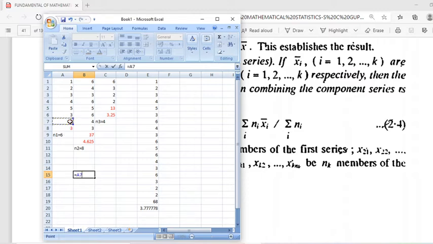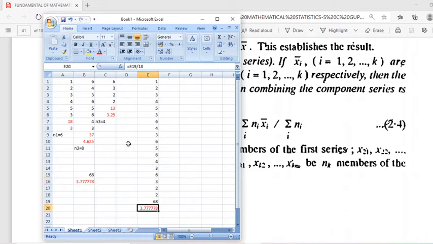You can put this value 18 plus 4.625 into 8, plus the remaining term, then divide by the total number, 6 plus 8, that is 14, 14 plus 4, 18. Right? These two values are the same.